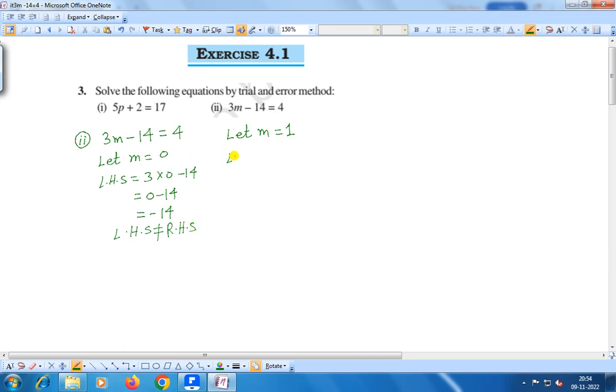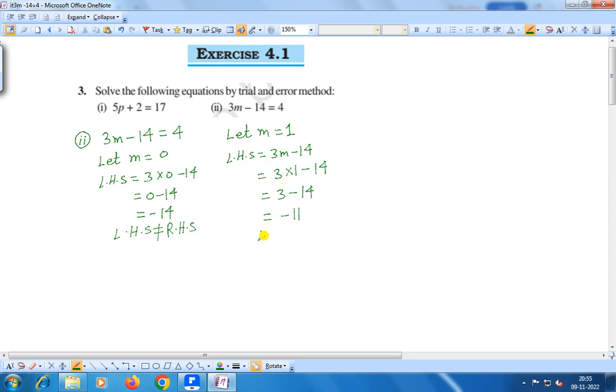Therefore, left hand side is equal to 3m minus 14. If we take m equal to 1, that is 3 into 1 minus 14, that is 3 minus 14, that comes to minus 11, right?